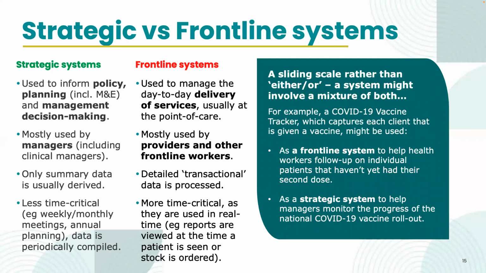I've given the example here of a COVID-19 vaccine tracker, which could be used both by frontline workers to track down individual patients who haven't turned up for their second dose and need follow-up, or by senior management to monitor the overall progress of the vaccine rollout. So that system sits across both of those.